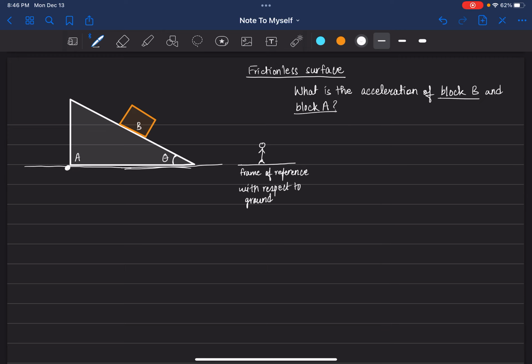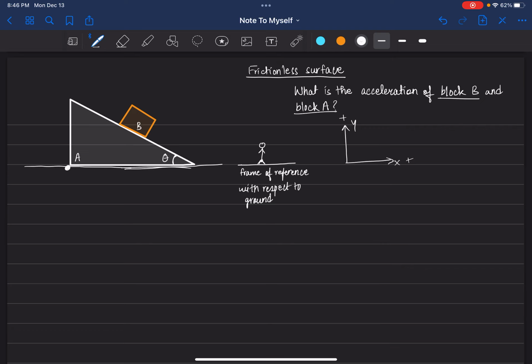I'll talk about why I'm choosing the ground as the reference later on. But for now, just keep in mind that I'm taking everything in reference to the ground. I will set up my coordinate system, just a regular X and Y coordinate system, X positive here, Y positive going up.